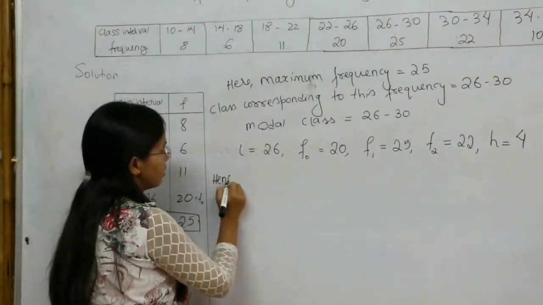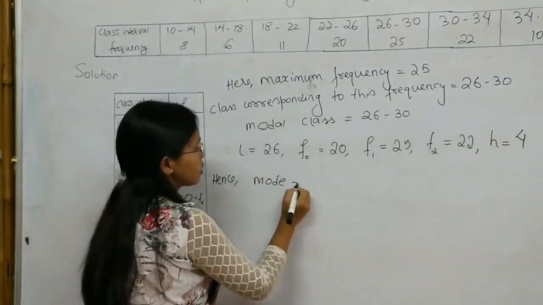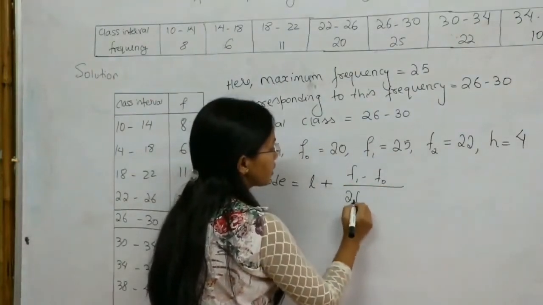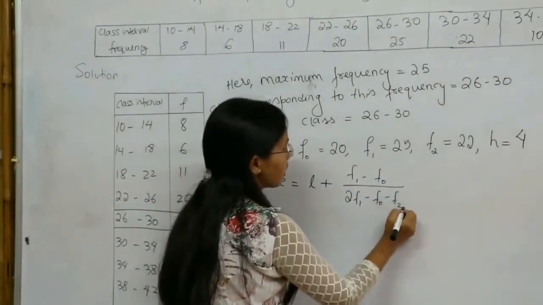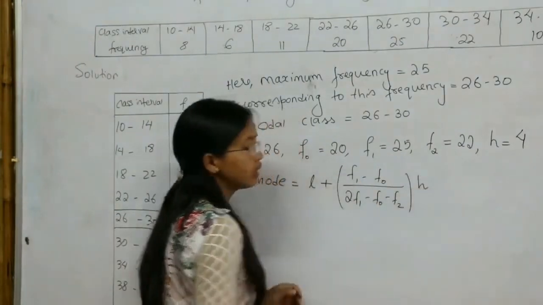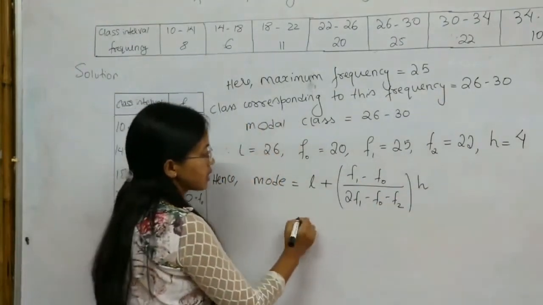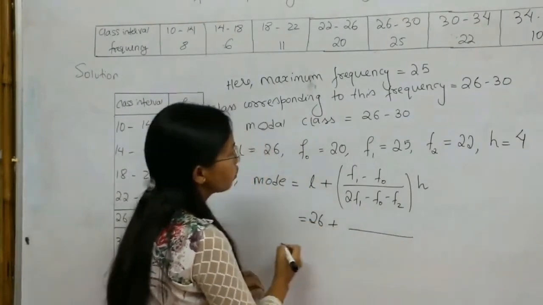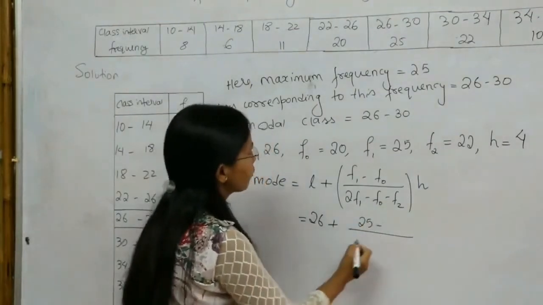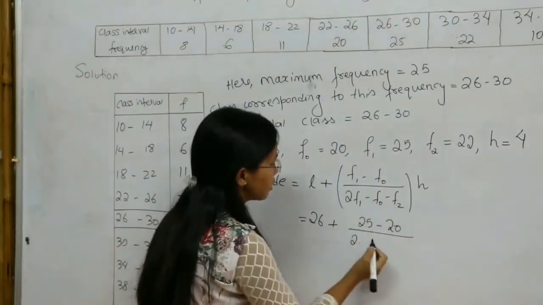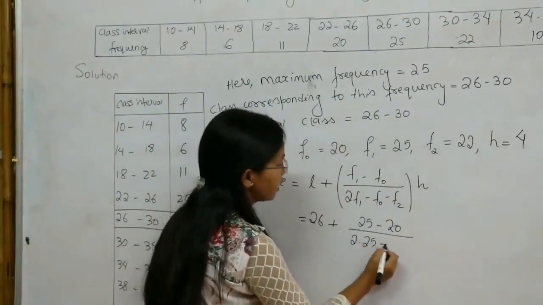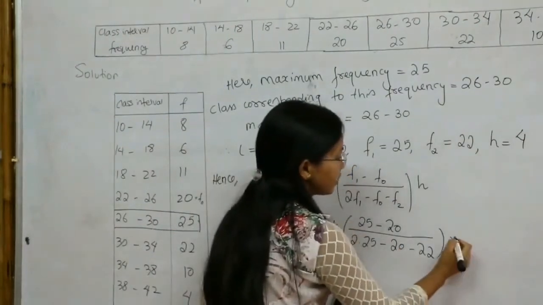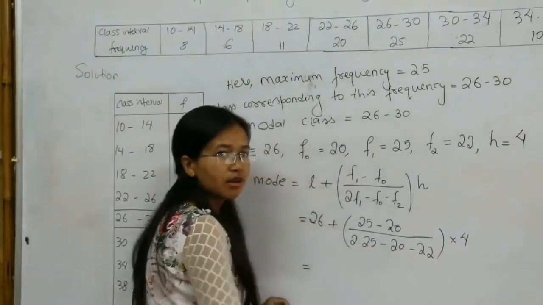So hence our mode is equal to L plus (F1 minus F0) by (2 F1 minus F0 minus F2), whole thing multiplied by h. Substituting the values here: L is 26, F1 is 25, F0 is 20, F2 is 22, and h, the size of the class, is 4.